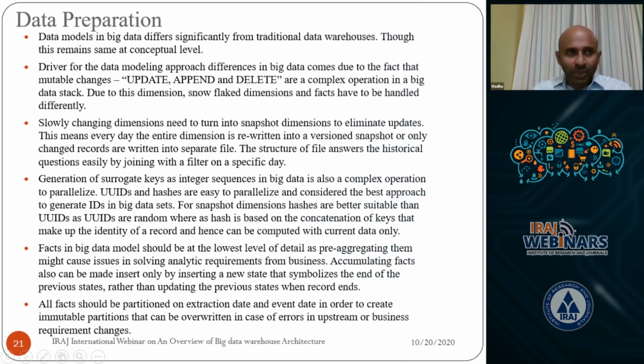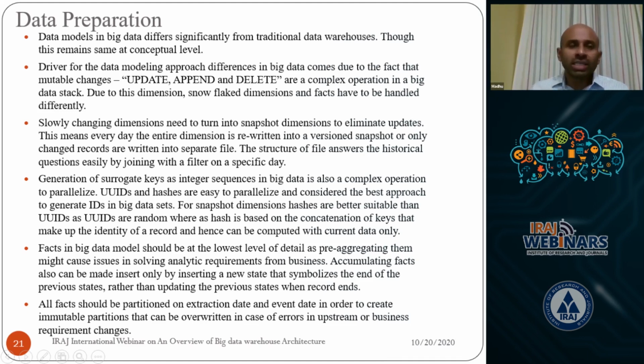And how is it tweaked? There is no concept of slowly changing dimension type 1s and type 2s. Every dimension in the big data warehouse is turned into something called a snapshot dimension. Basically, you eliminate the updates completely. So every time a record comes in, it will be stored as a new record, making it a snapshot.